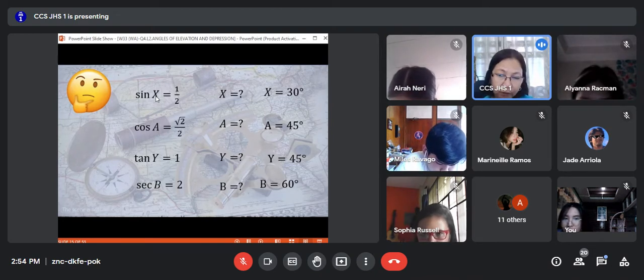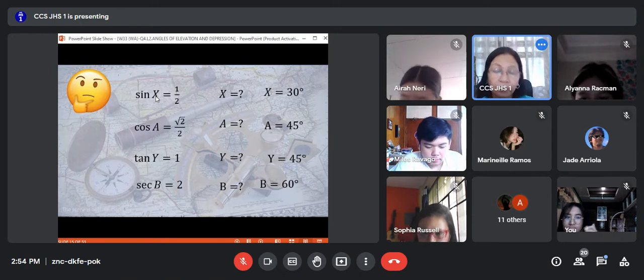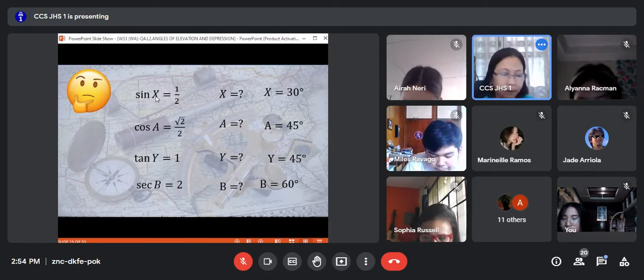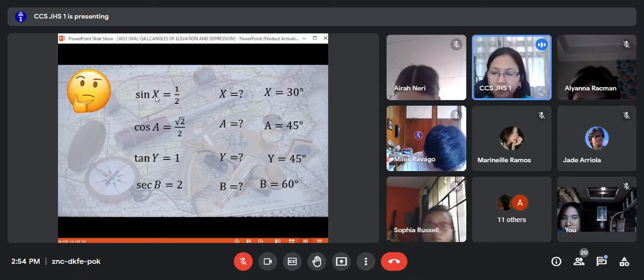What do you have there? You have sine power -1, right? And then since you have 1/2, you put that inside a parenthesis. Quantity 1 divided by 2 quantity, and then press the equal sign.